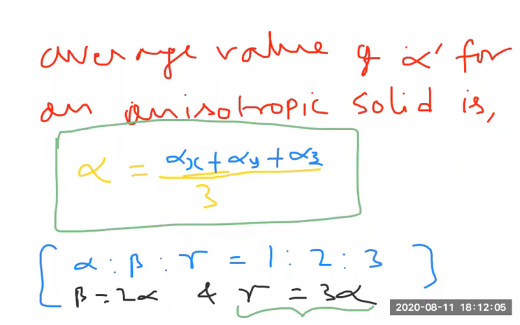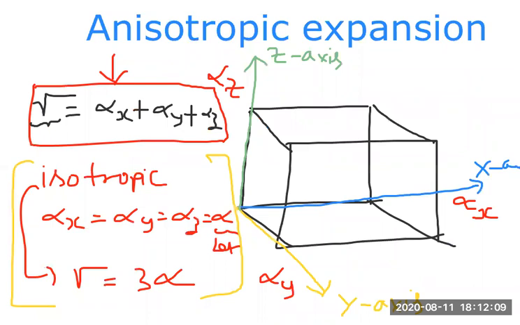Remember, what do we mean by isotropic and anisotropic? Isotropic means in all the directions the coefficients of linear expansion are the same. If in all the directions the coefficients of linear expansion are not the same, then we call it anisotropic. The expansion of a body in different directions depends on the lattice structure of the material of the body.